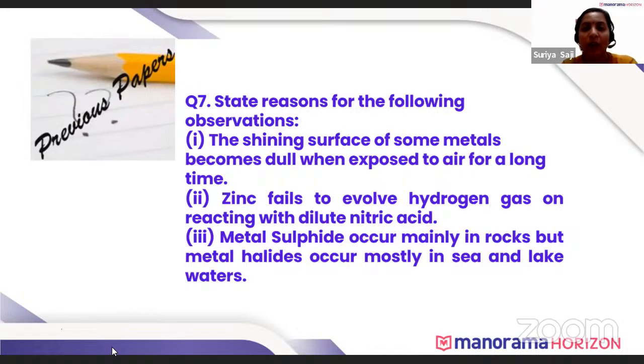Joseph, I didn't understand which element you are asking about. Are you asking about halogens? Halogens include fluorine, chlorine, bromine, iodine and astatine, forming halides.